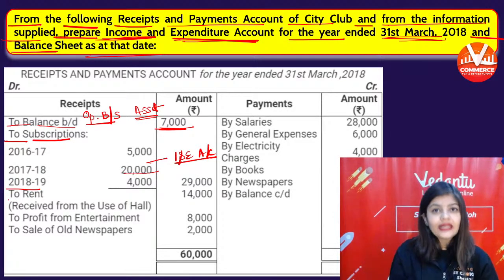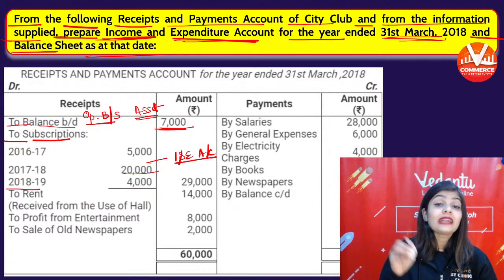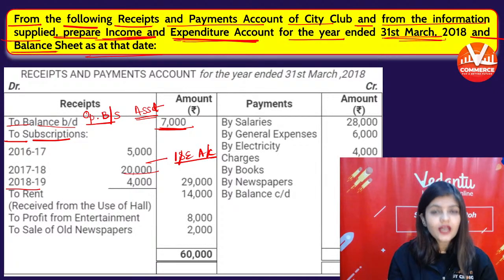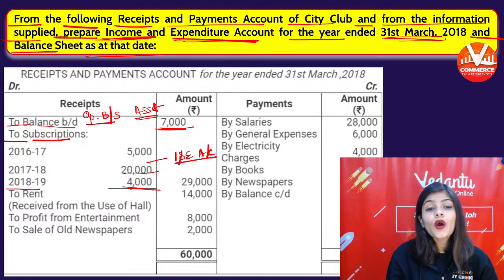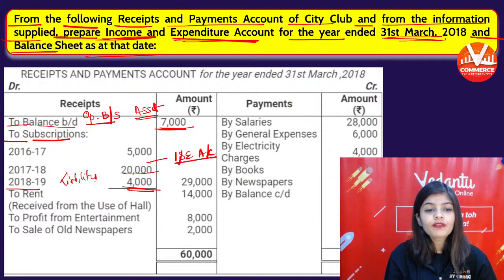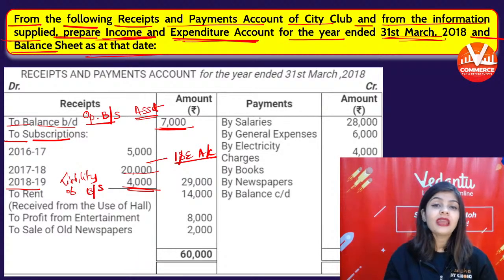In the current year, you are receiving it in advance for the next year. So you will record this on the liability side of the balance sheet. This is subscription received in advance.